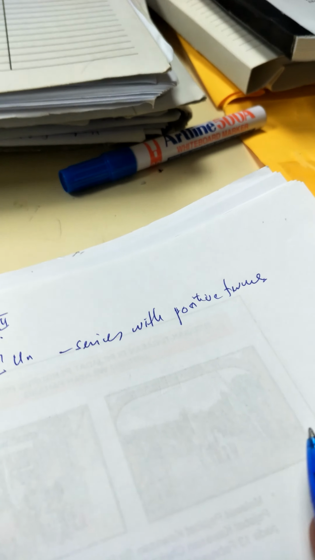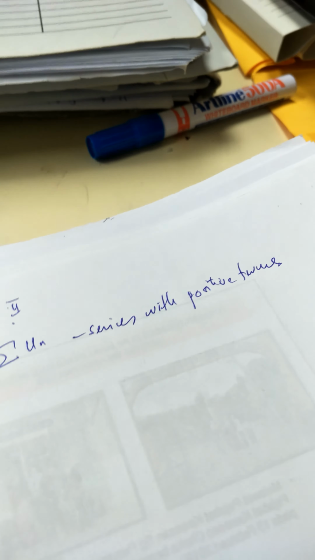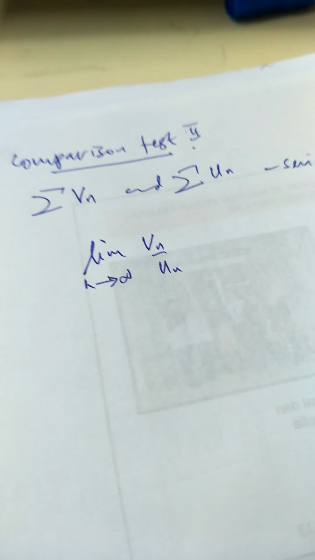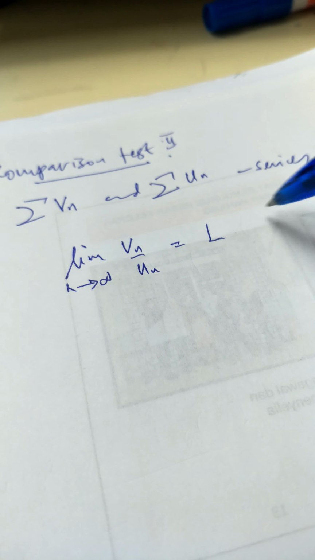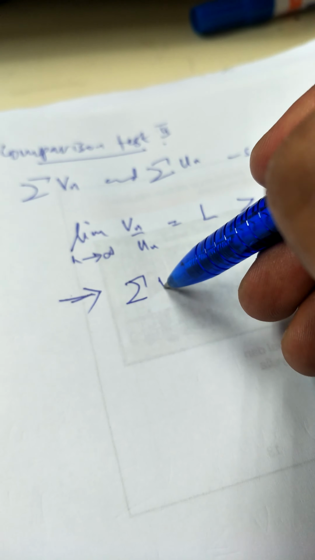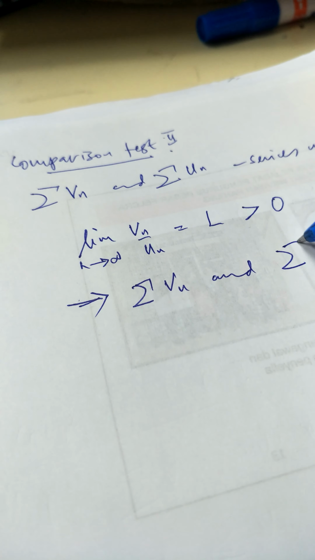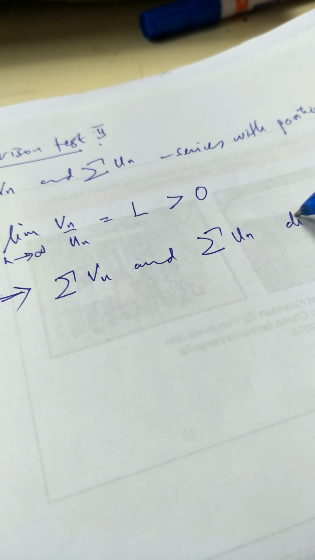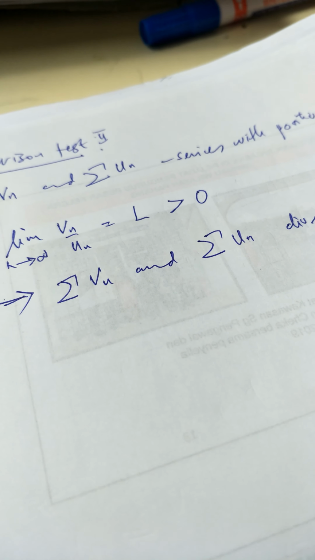If we take the limit of the quotient Vn over Un as n goes to infinity, and this is equal to some number L which is positive, then those series Vn and Un diverge or converge together.